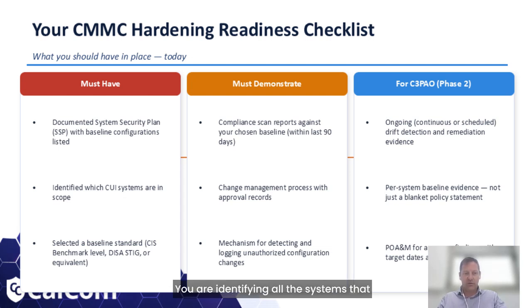You are identifying all the systems that are holding and handling CUI, and you have a baseline standard. Then you have all the compliance reports and the change management approval processes. The last thing is to make sure that you can show the evidence and the ongoing maintenance of this entire procedure and process of baseline hardening.